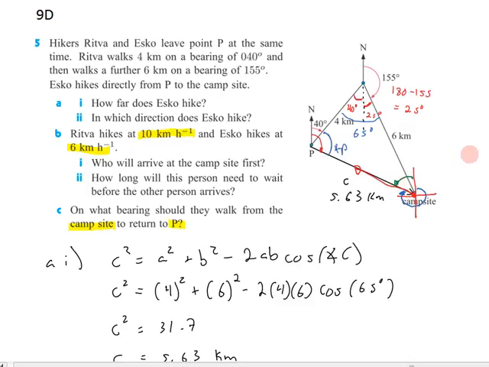And the bearing in the negative direction is going to be quite a bit easier because the bearing in the negative direction has a Z rule with the bearing that Esco hiked. So this angle, we'll call it angle B, and this angle must be the same, and angle B plus the bearing that Esco hiked must be 180 degrees.